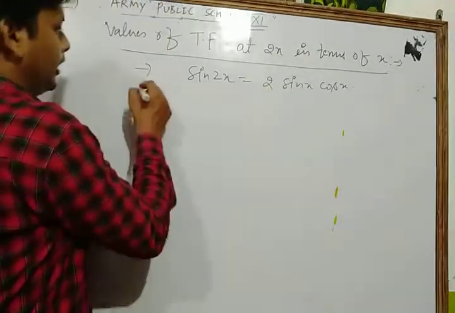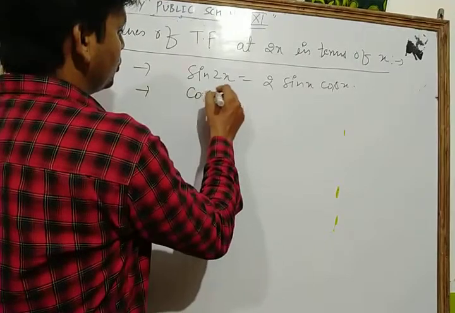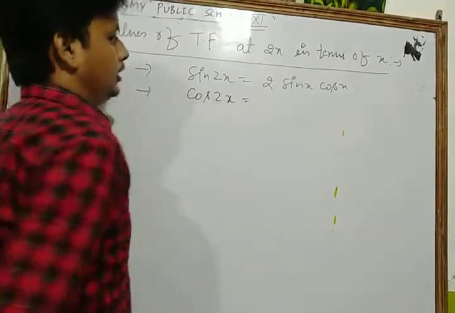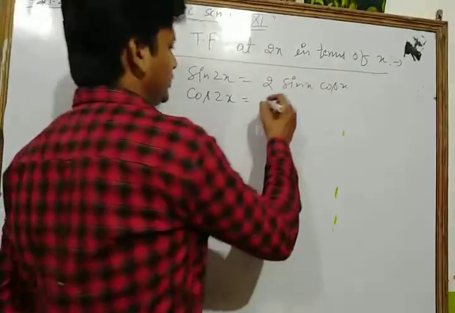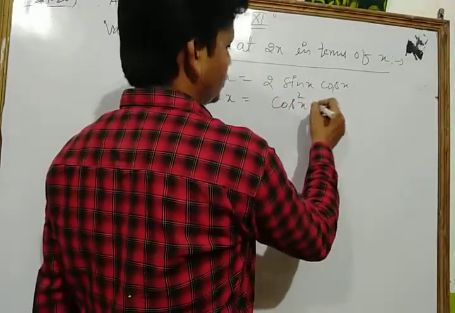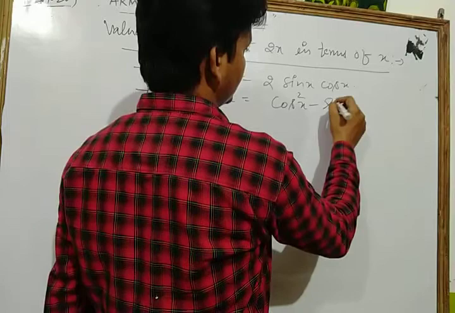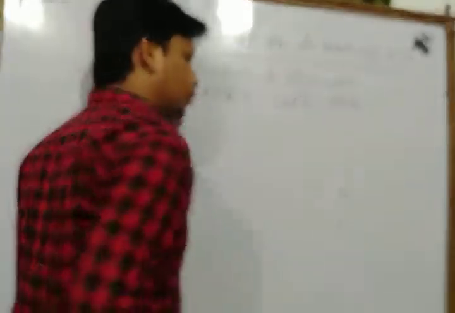Okay, and next one is cos 2x. The main basic formula for cos 2x is cos square x minus sin square x.